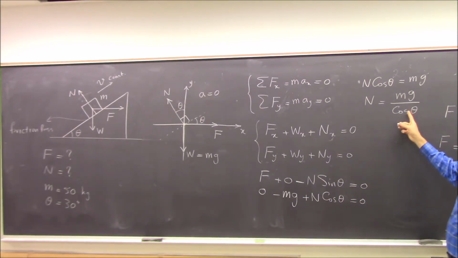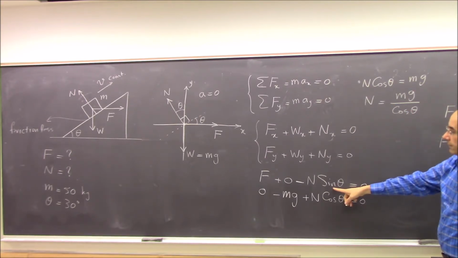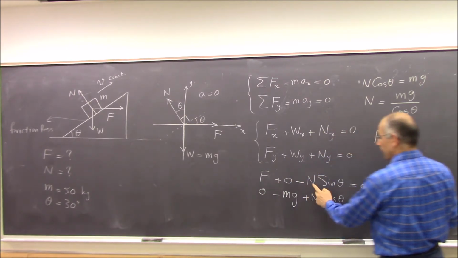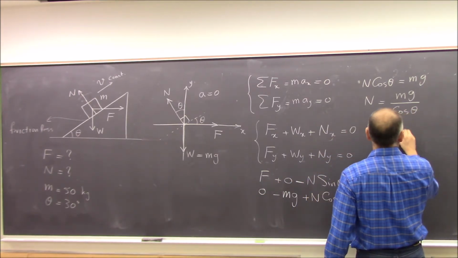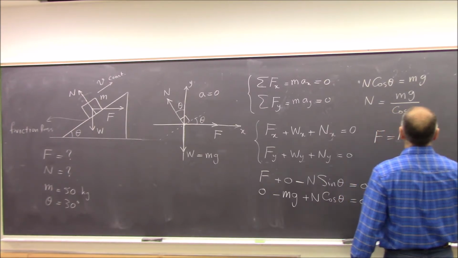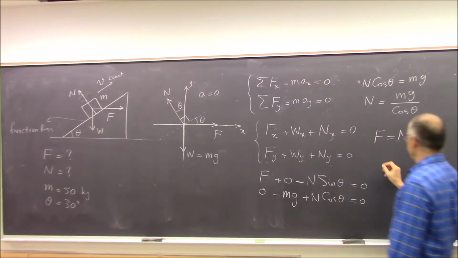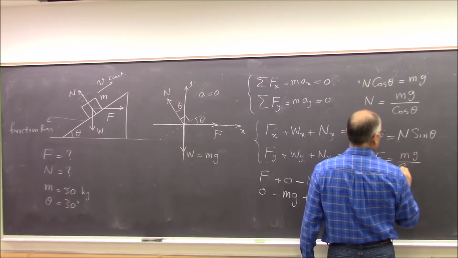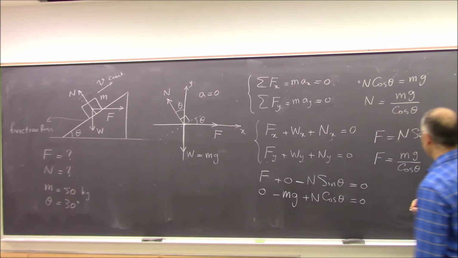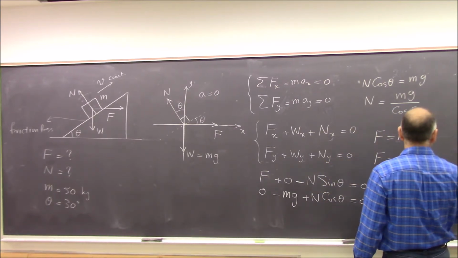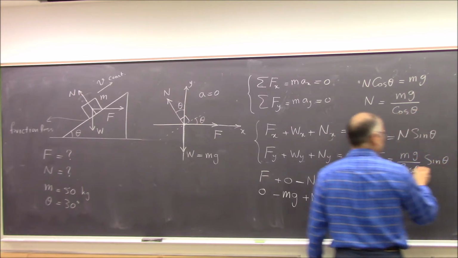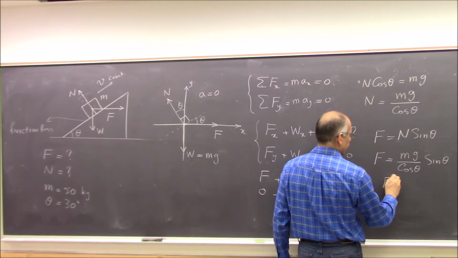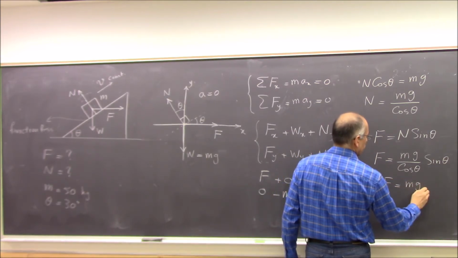Then if you plug in N here, you can solve for F. F is equal to N sine theta, so F equals mg over cosine theta times sine theta. Sine theta over cosine theta is tan theta, so F becomes mg tan theta.